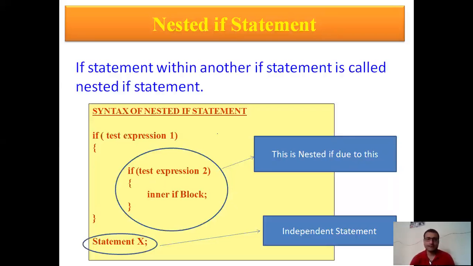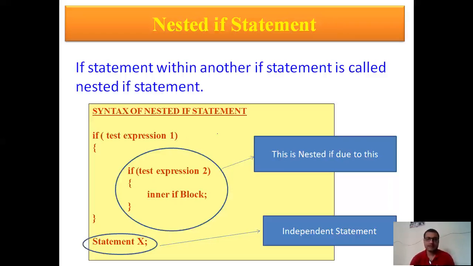One option is I can combine these two conditions with the help of logical operators. If there is such a possibility where both the conditions have to be true simultaneously, then I can go for logical AND, right?